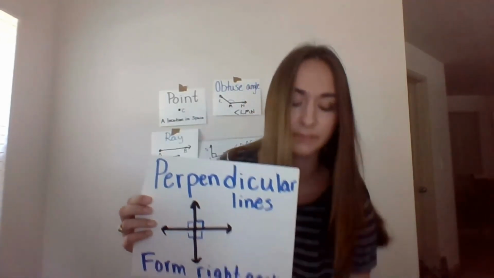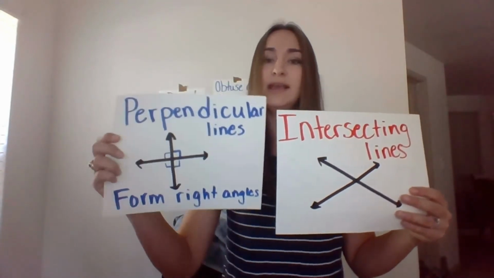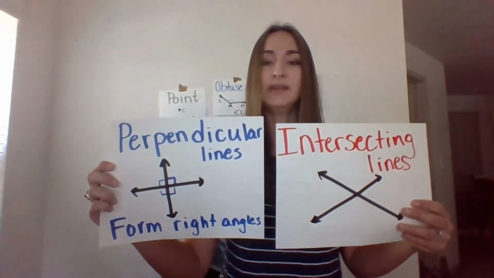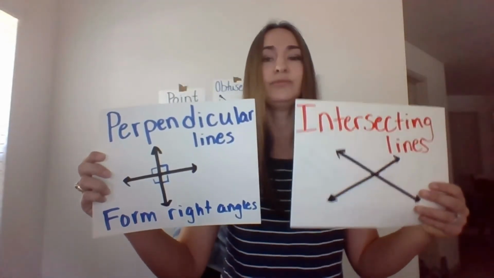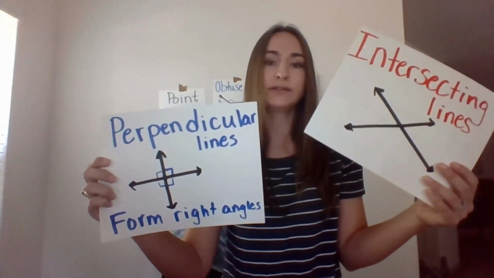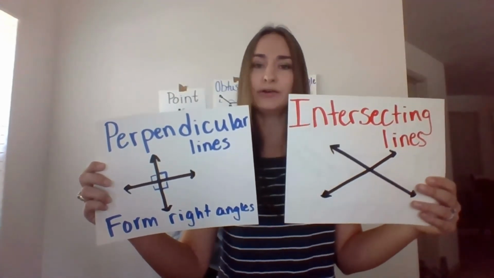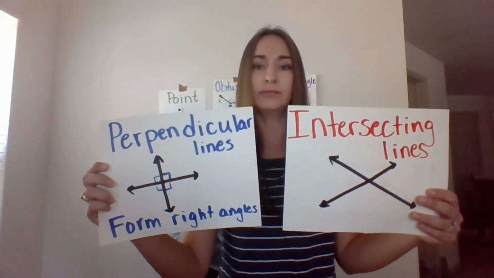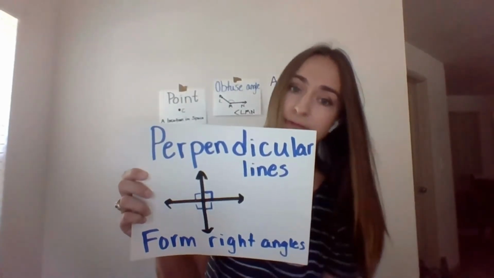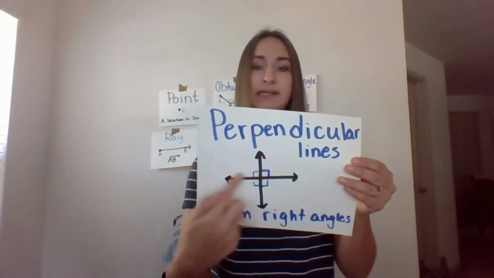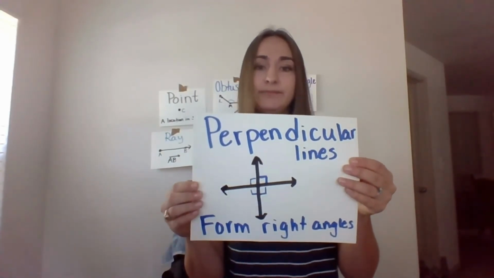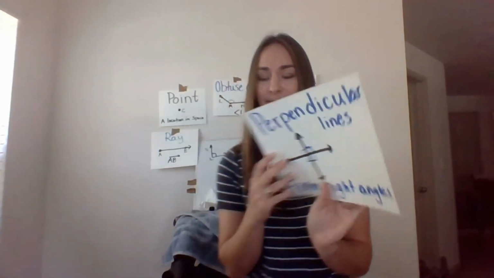So the difference is that intersecting lines only cross, no matter what angles they form, while perpendicular lines form that perfect T. That's kind of cool.